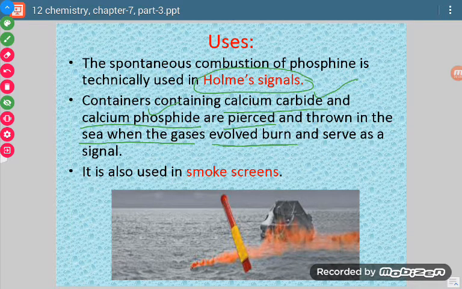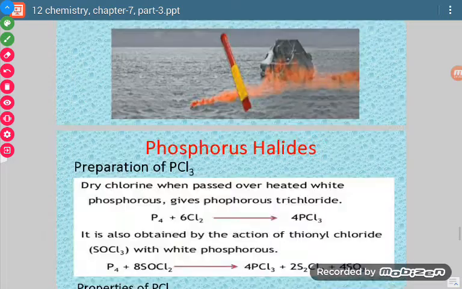At once when they are formed, there is production of smoke and they also start burning. So there is formation of smoke as well as fire. So this thing acts as Holme's signal, or we say it is a smoke signal. It alerts the other ship. So phosphine has great importance in alarming the approaching ship from any danger.